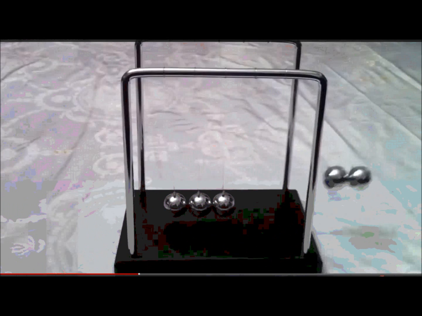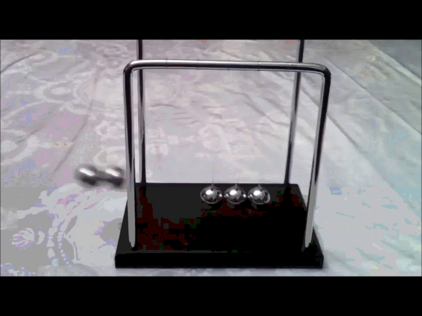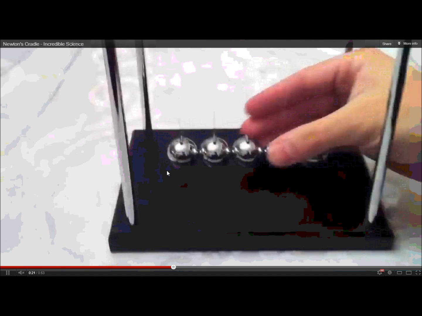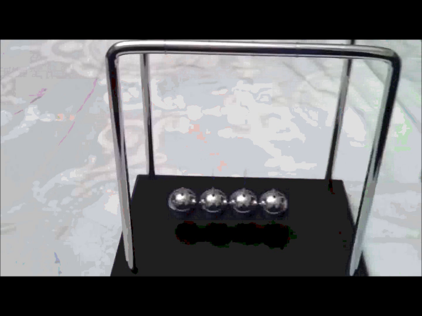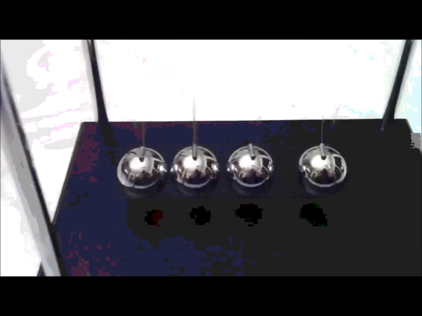You notice that it's transferred through all of the balls, and two of the balls on this side pop out. And if he does three, then you get three on the other side. So whatever the momentum is in the beginning is transferred to the other side, the exact same amount. And then to prove that everything is normal, he goes back to one.